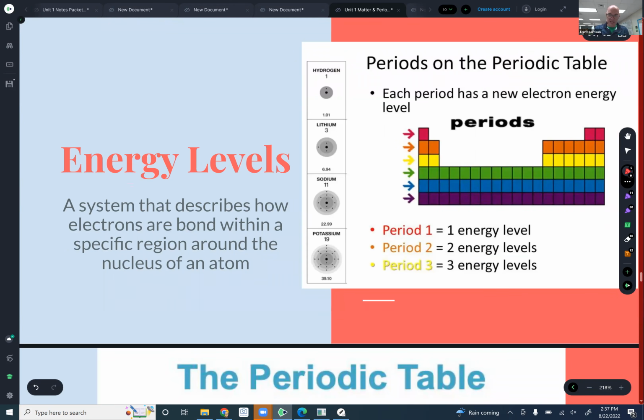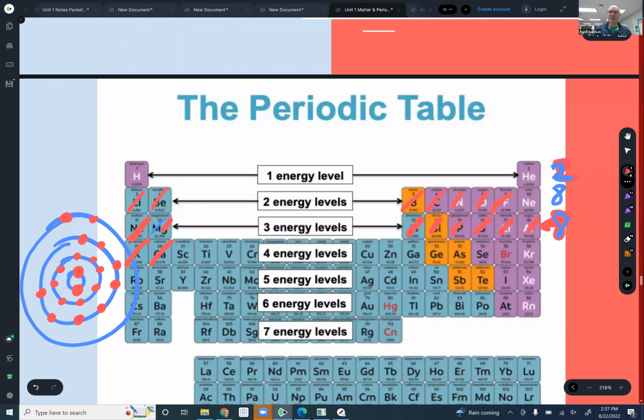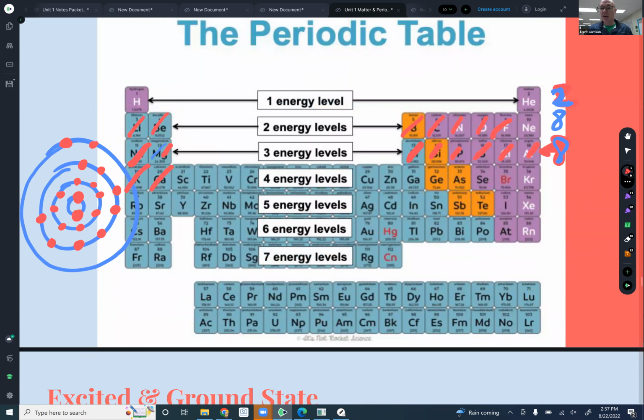So let's take a visit back to an old topic where we talked about energy levels. Energy levels on the periodic table are reflecting on the periods. So if we have 7 periods, we have 7 possible energy levels. These energy levels can be thought of as the rings that are going around the nucleus of the atom.